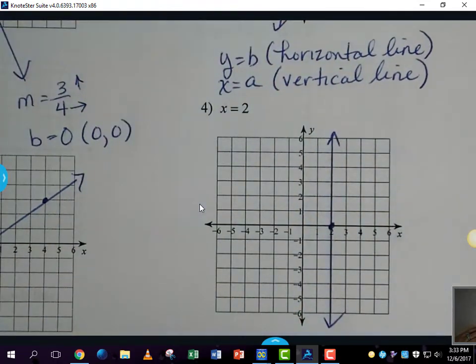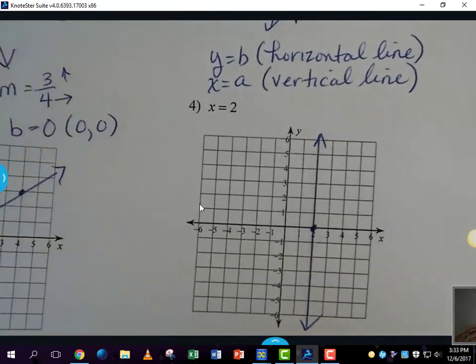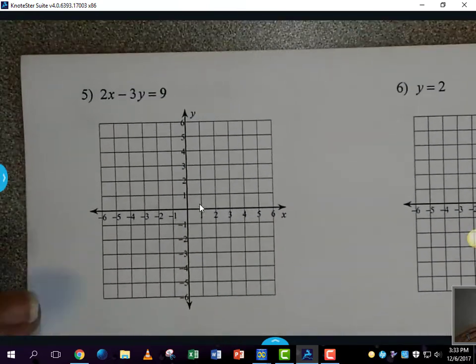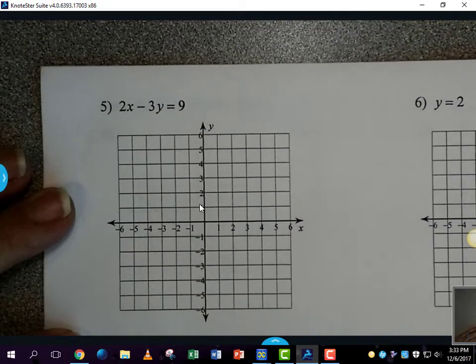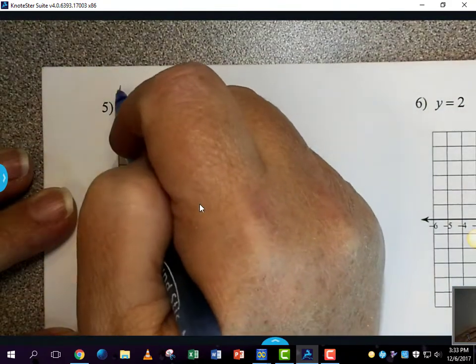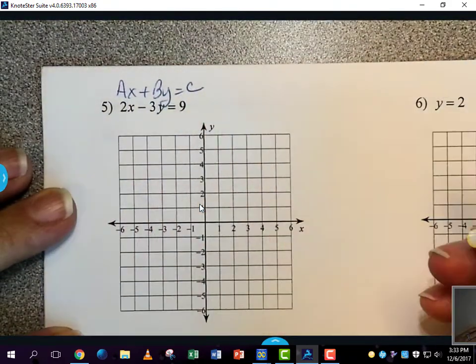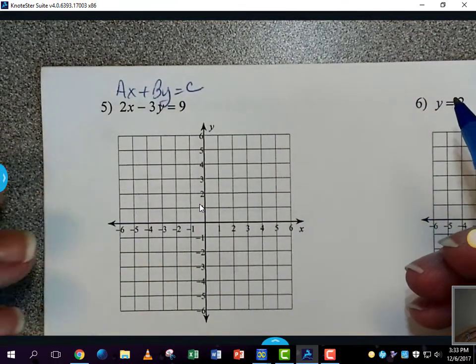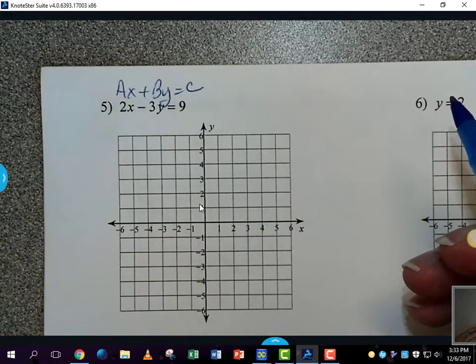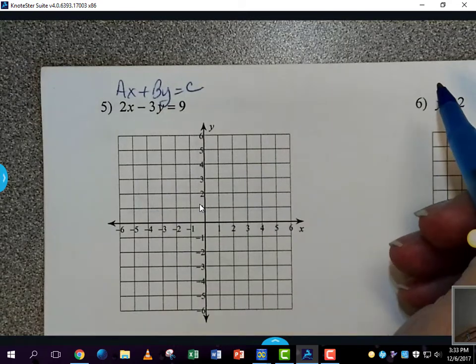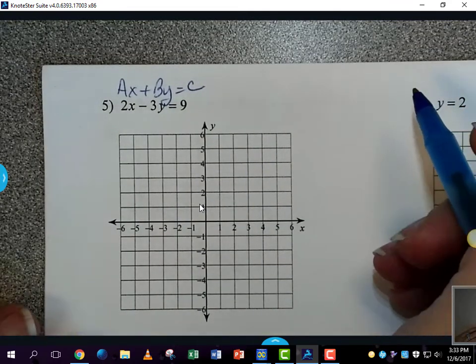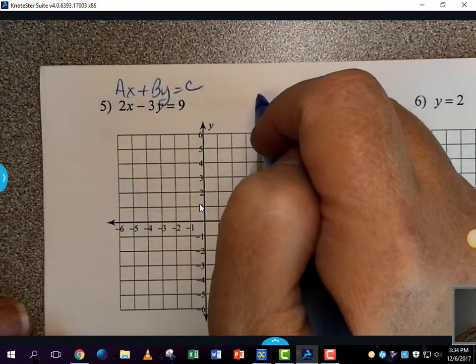Next one. The next one is in what is called the standard form. The ax plus by equals c. Okay, the only thing we've learned two ways to do this. There's a third way that I've not shown you, so it will not be on the test yet. But I have shown you two ways.